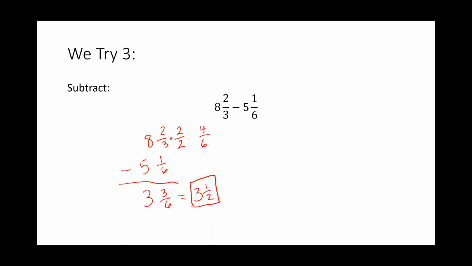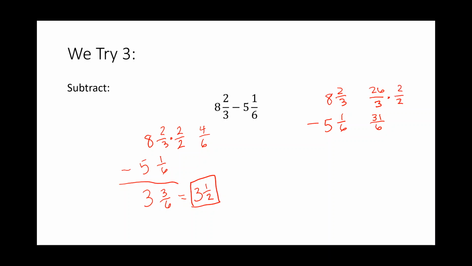Now let's look at the improper fraction way. So I have 8 2/3 minus 5 1/6. 8 times 3 is 24, plus 2 is 26 thirds. 5 times 6 is 30, plus 1 is 31 sixths. Now I need to multiply this by 2 over 2.